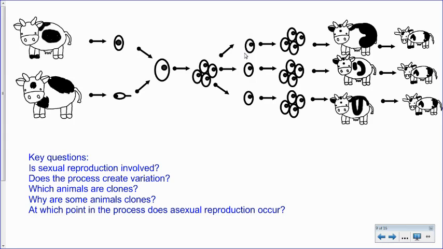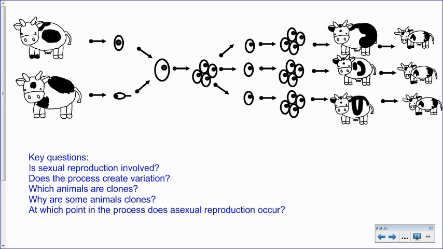It's the same keywords I keep coming out with. So at this point you can see again, this develops further into an embryo, is implanted into surrogates, 3 different surrogate mothers, not related at all to anything else on the screen. And then as soon as the embryo is developed, you've got 3 clones born here.